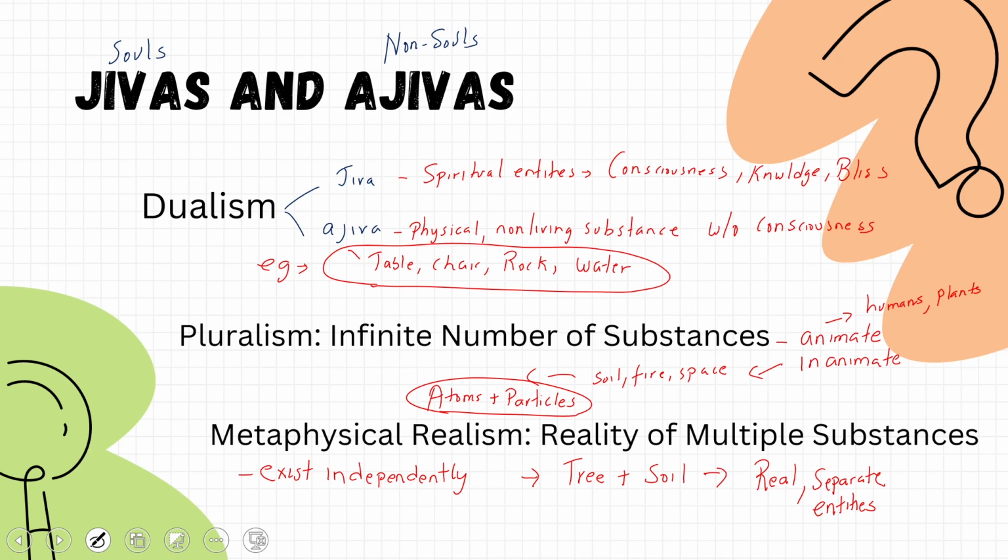In a way, they may be dependent on one another for nutrition, etc. But as existence, it is real as well as separate. If you remove the tree, the soil will still be there.